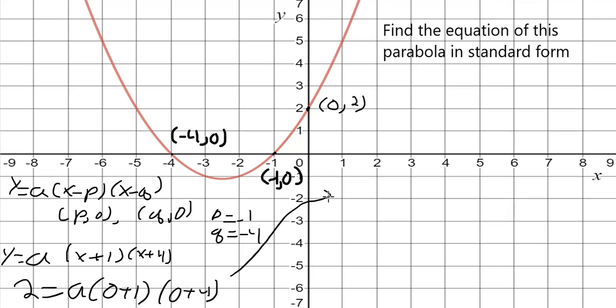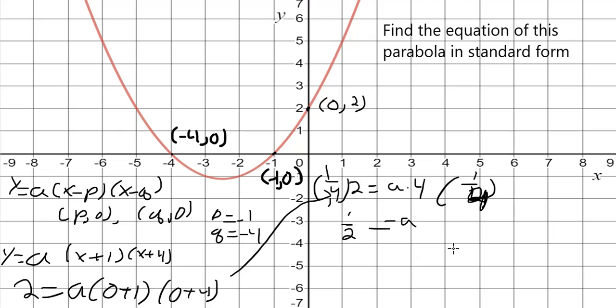This becomes 2 equals a times 4. Then I'm going to multiply both sides by the reciprocal of 4, which is 1/4. A fourth of 4 is 1, so that's just a. A fourth of 2 is 1/2, because 4 halves go into 2.